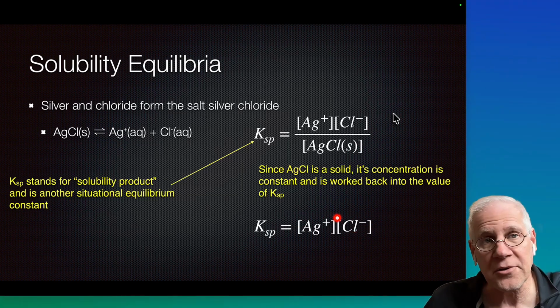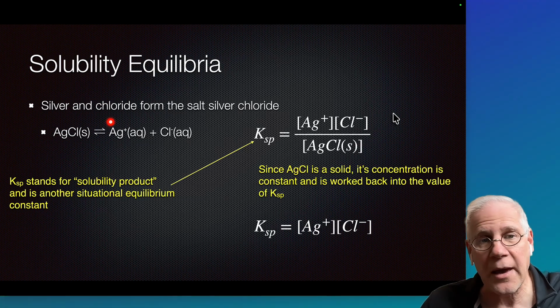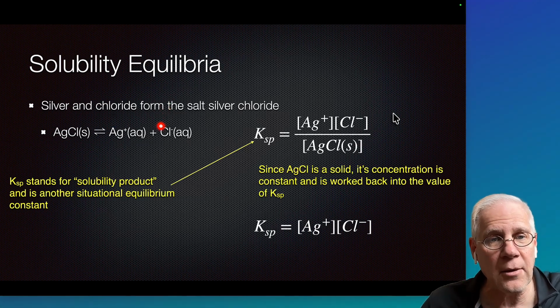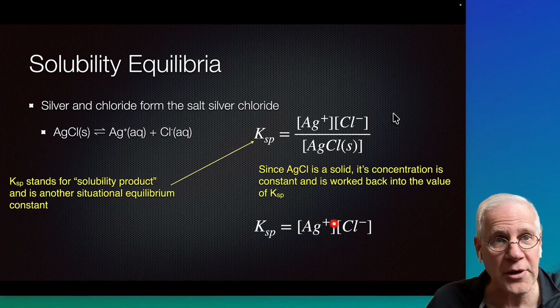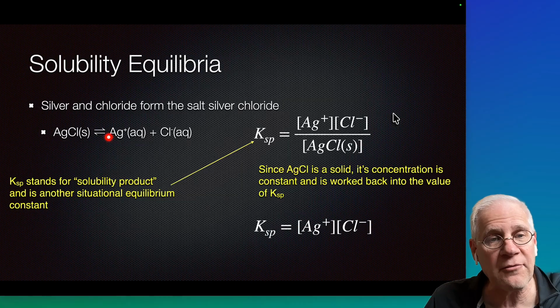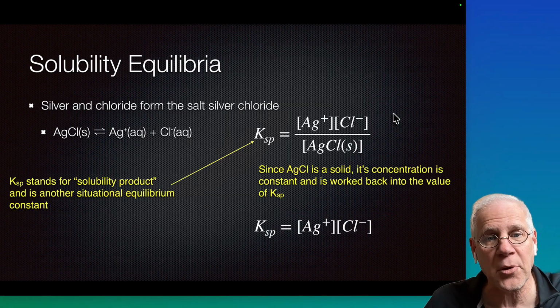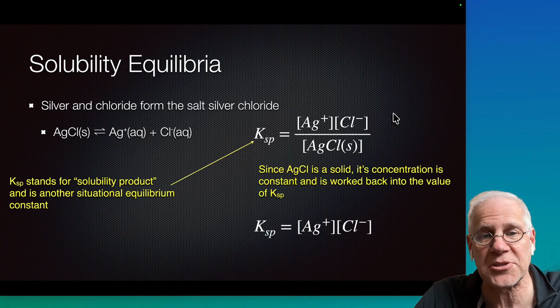Now notice that our silver and our chloride have no exponents here, and that is because we have a coefficient of 1 and a coefficient of 1. So that's why our exponents are unwritten as 1 and 1. As we'll see in just a few slides, if we have coefficients here due to the stoichiometry of different ions, when something dissolves, those coefficients do become exponents in our equilibrium constant expression.